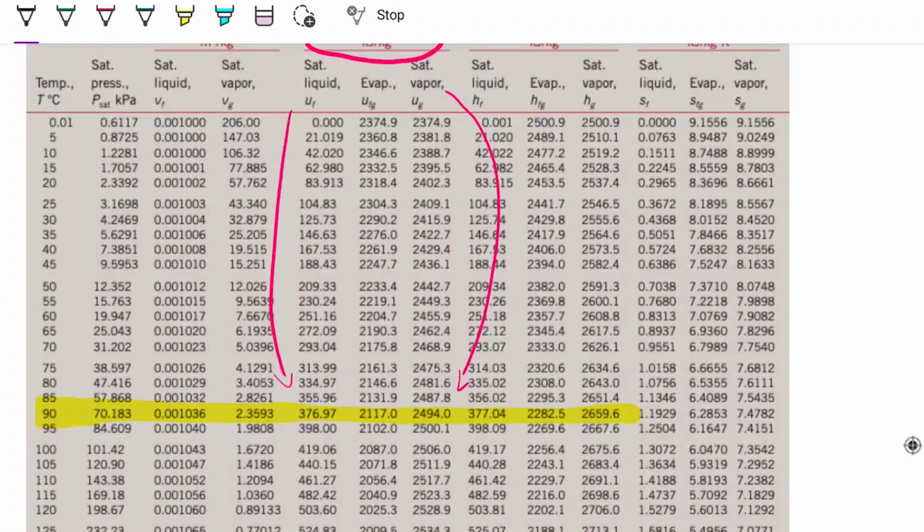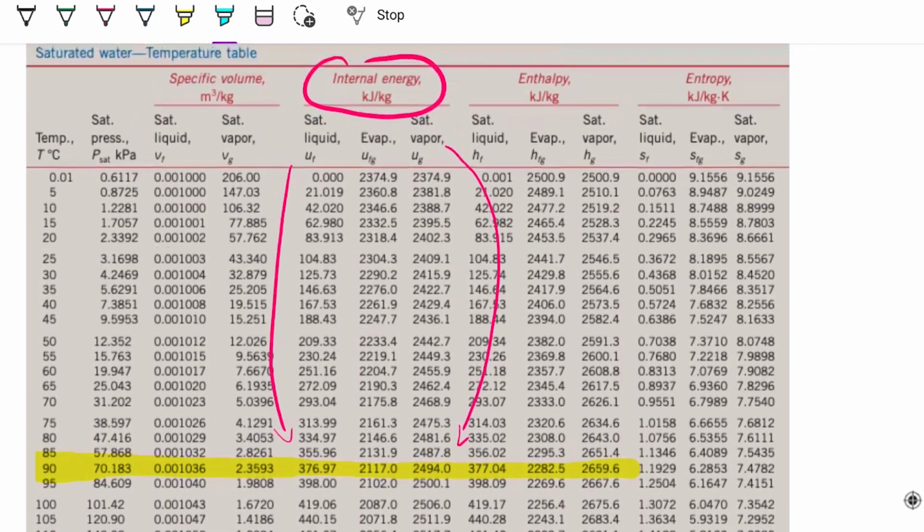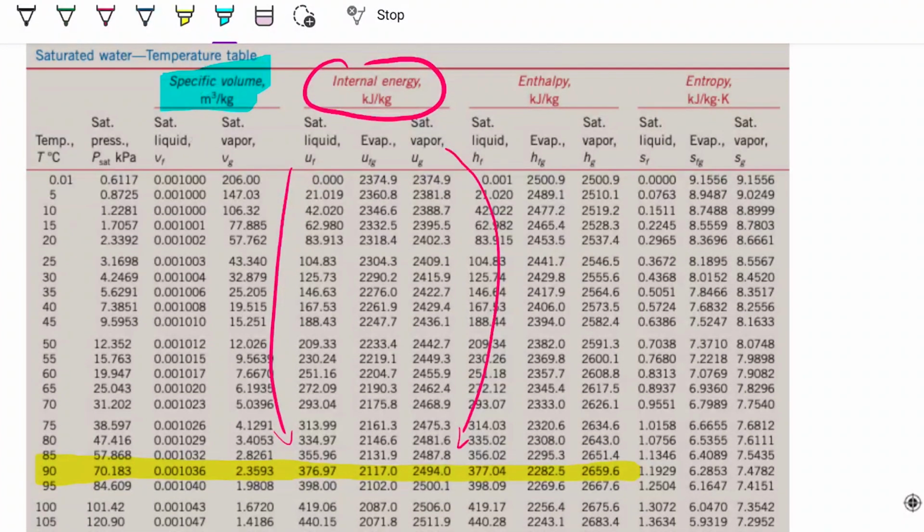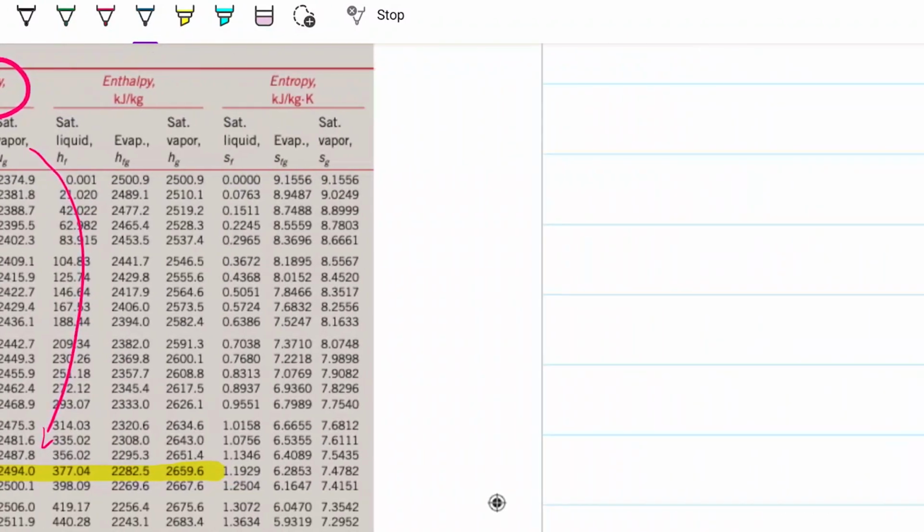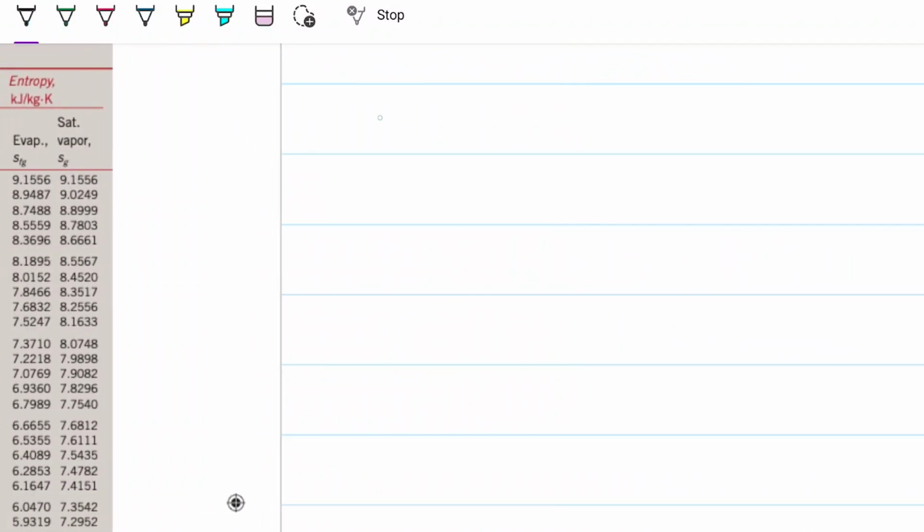So right off the bat, I can calculate the internal energy for state number 1. The other thing I'm interested in is the specific volume, because I know I'm going to need this to calculate the properties for state 2. So again, 50% of this and 50% of this. Let's calculate this real quick.